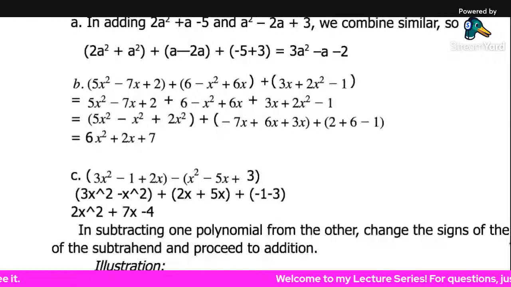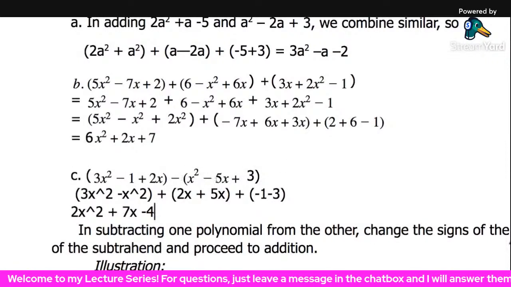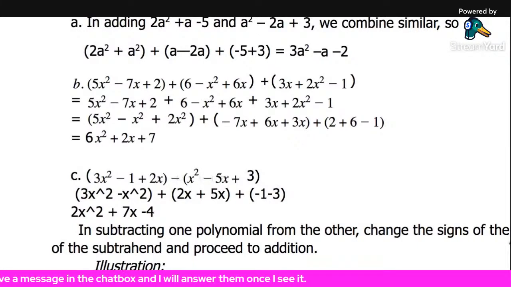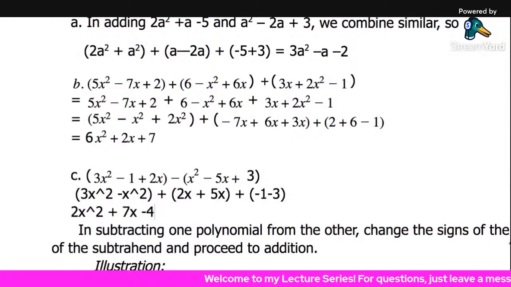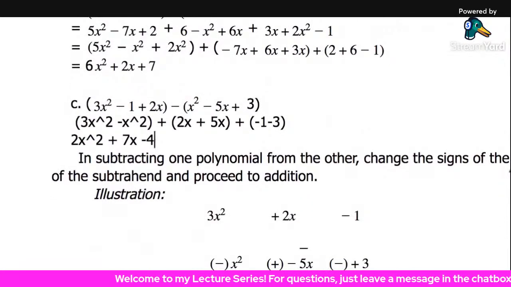So you have to distribute negative 1 by multiplying each of the terms inside the parenthesis. So this will become minus x squared plus 5x, then minus 3. So that's probably where the confusion happened. That's why you came up with a different answer.